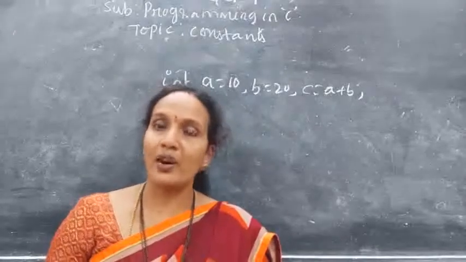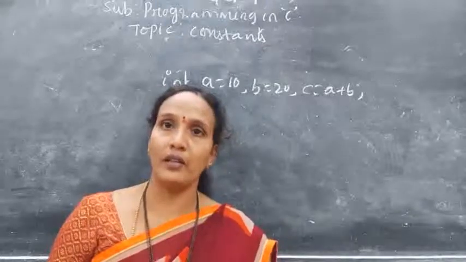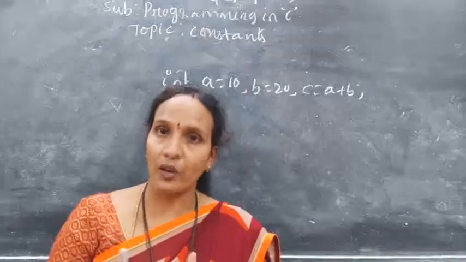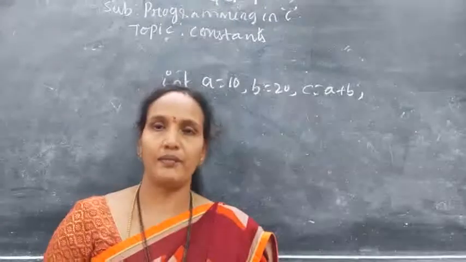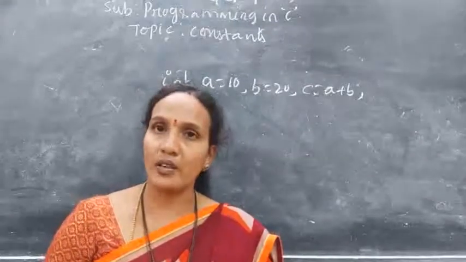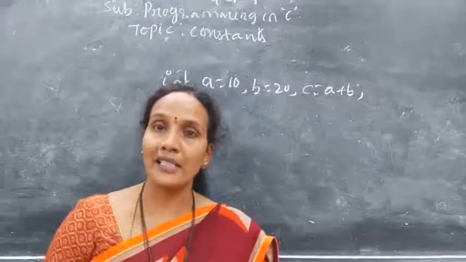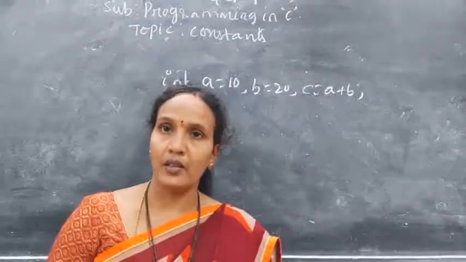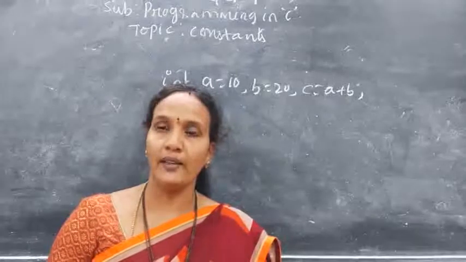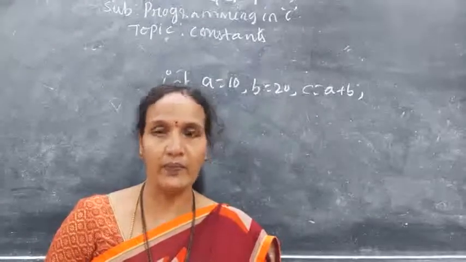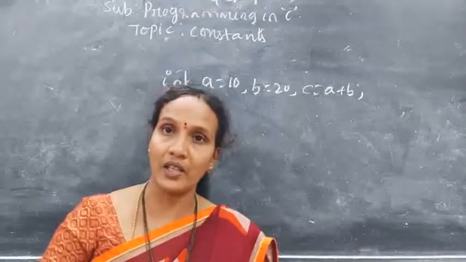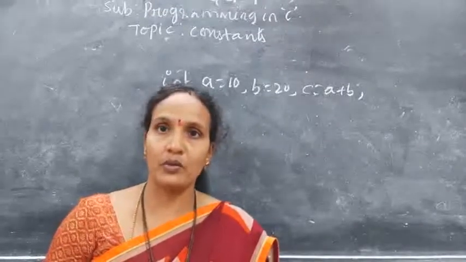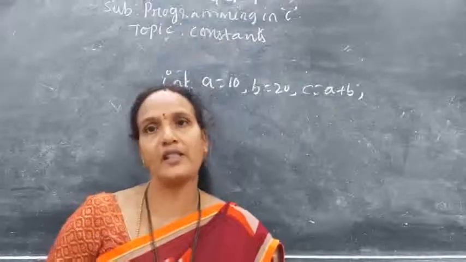Constant means it is similar to a variable, but the value of the constant is fixed throughout the program execution. Understood? What is a constant? A constant is similar to a variable, but it holds a fixed value throughout your program execution. The constant value will never change while the program is executing.